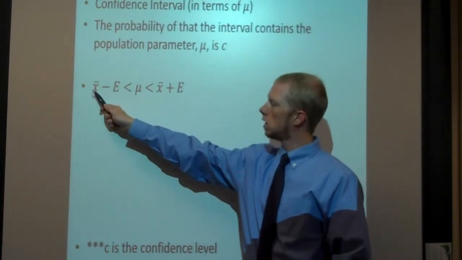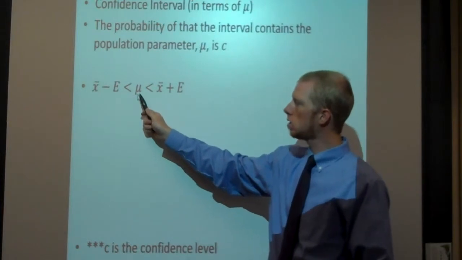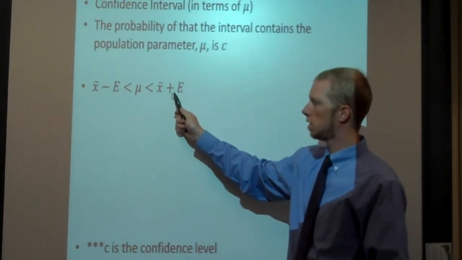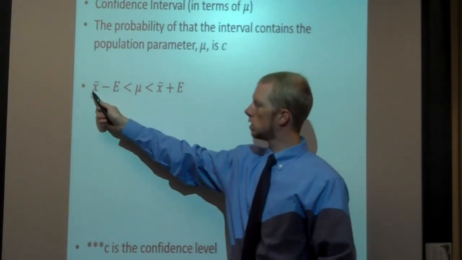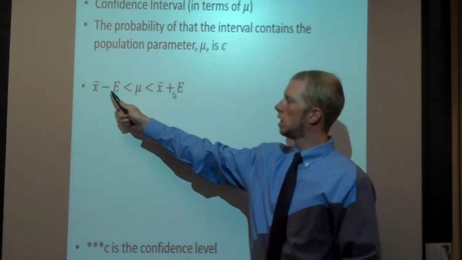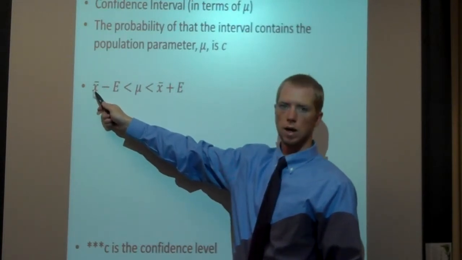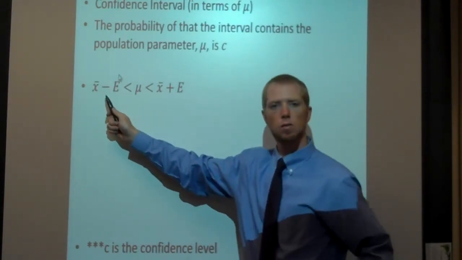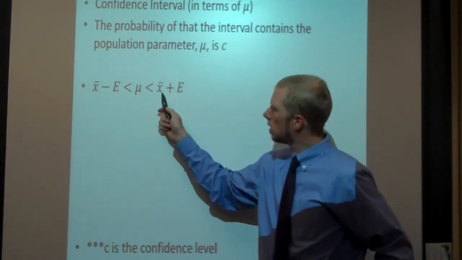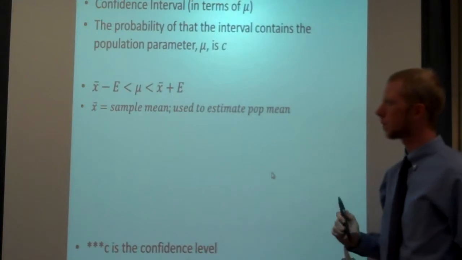You're going to be using x bar minus E is less than mu is less than x bar plus E. What you notice is this variable and that variable are the same, as well as the E's. The only difference is I'm taking a point estimate, like x bar, subtracting the margin of error, and then taking that same point estimate and adding the margin of error.